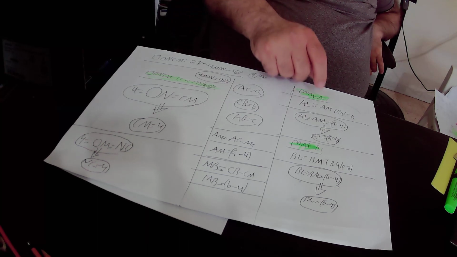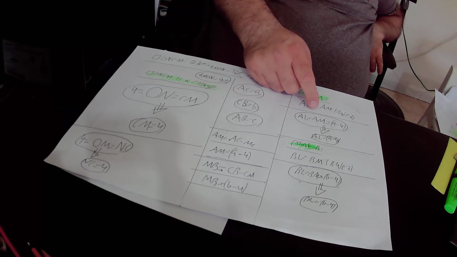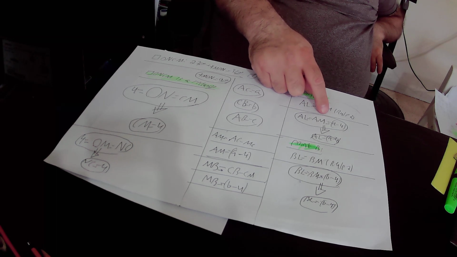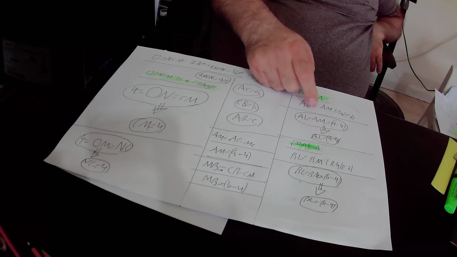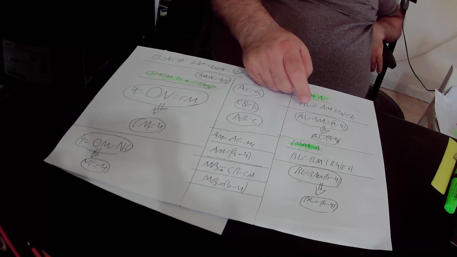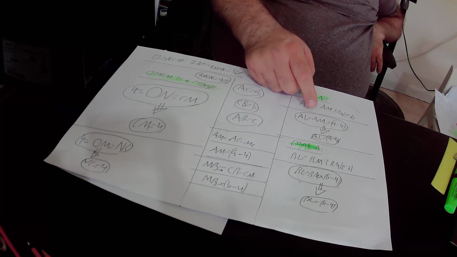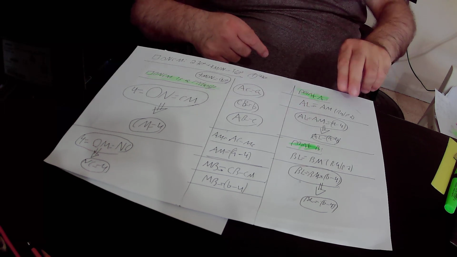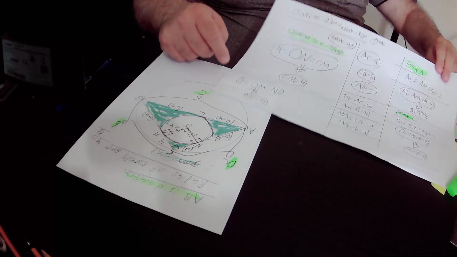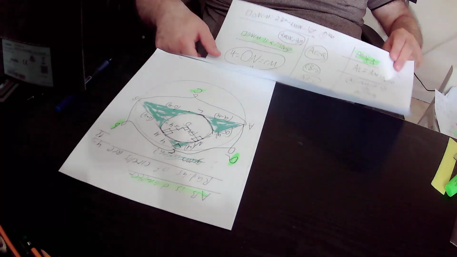But we have already found out that AM equals A minus 4, so we derive that AL is also equal to A minus 4.